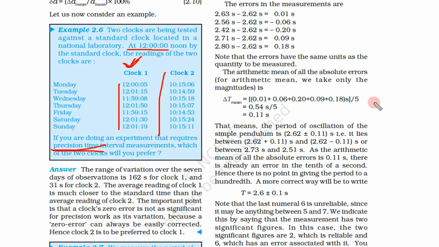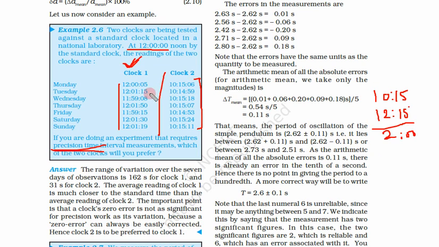Suppose an event starts at 10:15 on this clock, and after some time it ends at 12:15. So this is 2 hours, and the precision of this watch gives us when the 2 hours are over.